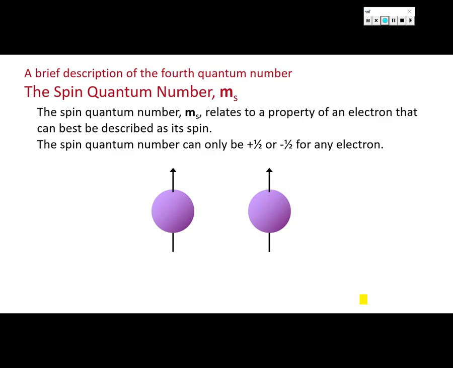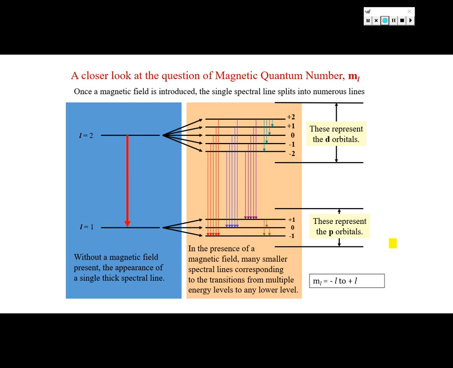So once you decide what the L value is, then the ML value, the way that we quantify it, is a range. So it's like you're back in grade 5 and you're making a number line. So if L is 1, then start negative. Negative 1, 0, plus 1. L is 2, negative 2, negative 1, 0, plus 1, plus 2. Okay? Just make a number line, basically.